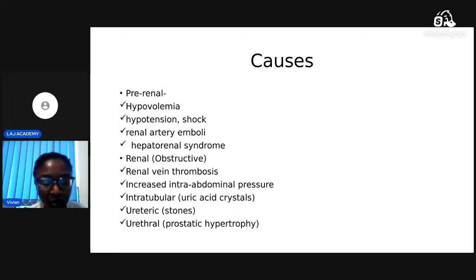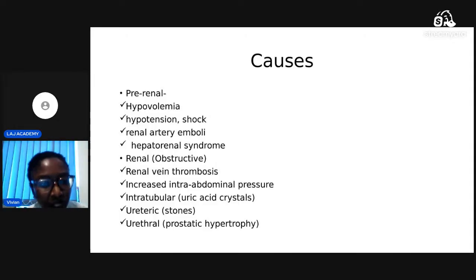So the prerenal could be caused by hypovolemia, hypotension, or shock, and then hemorrhage. The renal causes could be intrinsic factors like glomerulonephritis or interstitial nephritis.